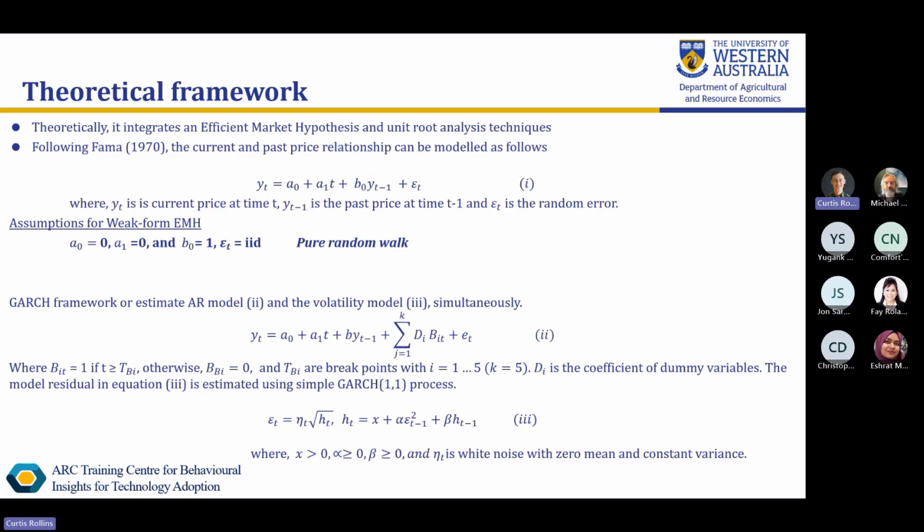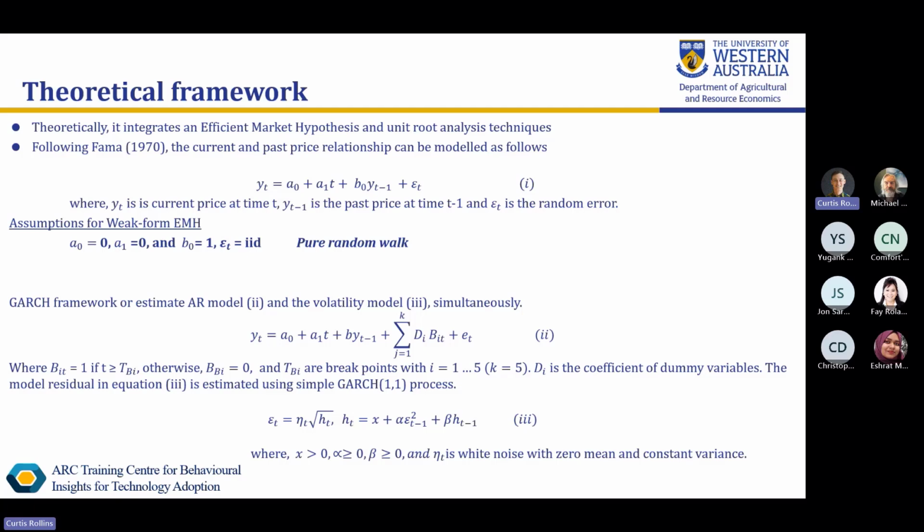For the theoretical framework, I'm using the weak form of efficiency and integrating it with unit root analysis. The relationship between past price and current price can be modeled with this first equation, where the current price is explained by the drift, trend, past price, and the error term.